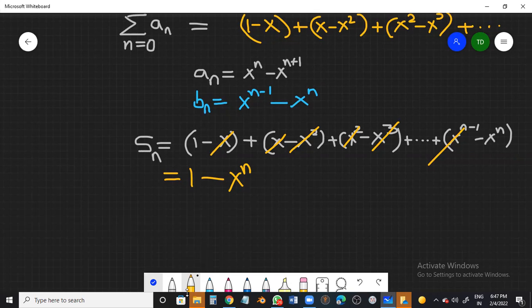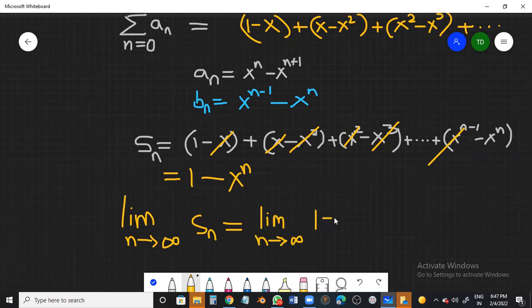Now, I want to decide when this will converge. Means this limit n tends to infinity, Sn should be a finite number. When is this possible? Because n is in the power, I should see when it reduces.